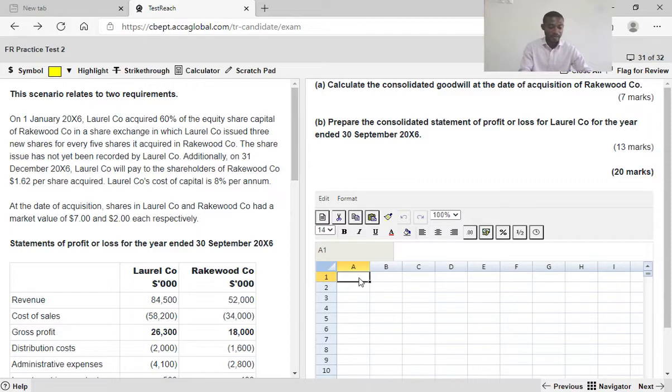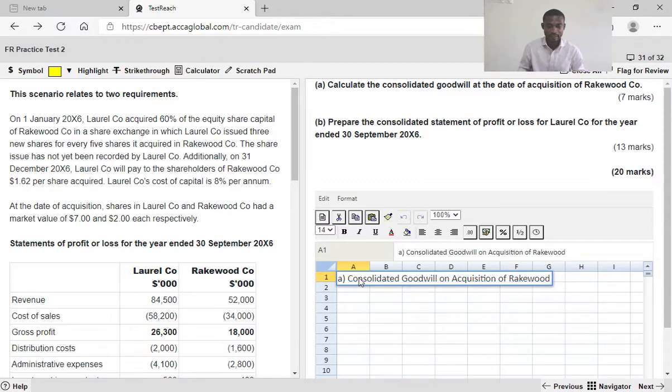So I'll have the first requirement. I'll type it in quickly here: consolidated goodwill on acquisition of Rockwood, and that should be enough.